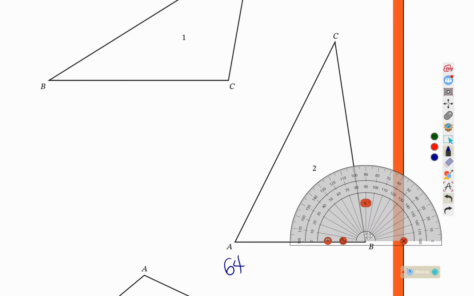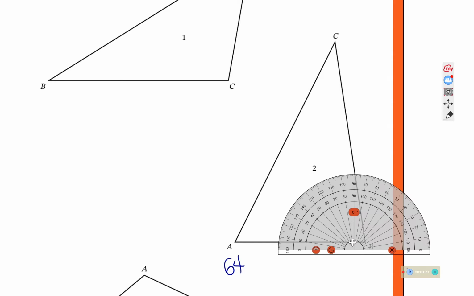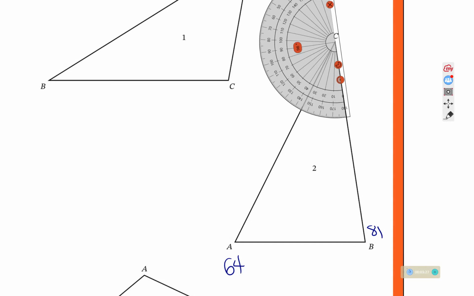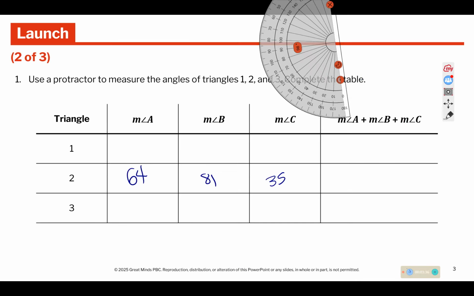Angle B, 10, 20, 30, 40, 50, 60, 70, 80, 81. And angle C, 10, 20, 35. When we add all 3 of these together, we get 180.